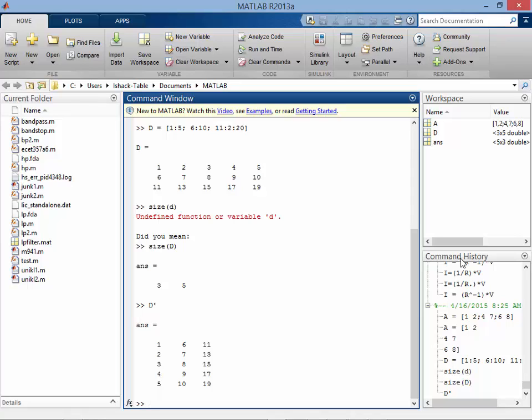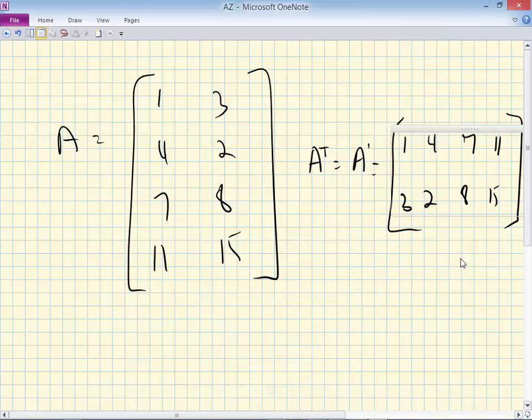There are two types of matrix products, and I'm going to jump to that. One is a bit by bit multiplication, and let me talk about bit by bit or element by element.